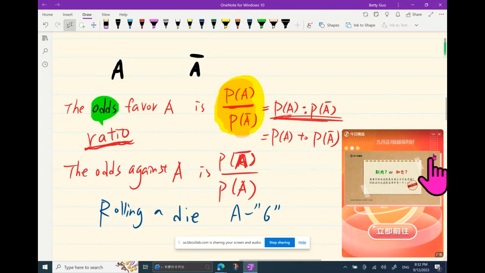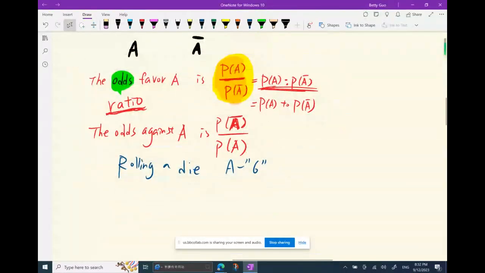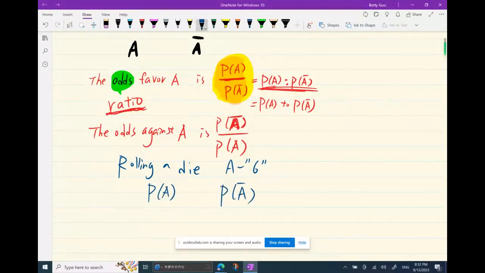But in a casino, nobody uses probability. They would say odds. To know the odds of A, we have to find the probability of A and the probability of A bar. Anyone can help me with that? What's the probability of rolling a die and getting number 6?